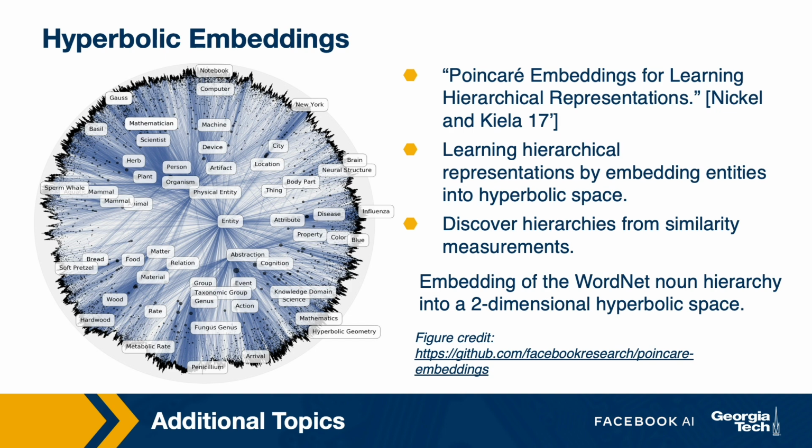For instance, the dimension people usually use for word2vec is about 300, while in hyperbolic space, usually a dimension of 10 is good enough to learn good quality embeddings. You can also infer hierarchical relationships from the embeddings. You can find more about this work from the GitHub link on the slide.